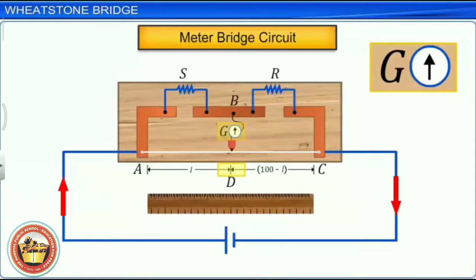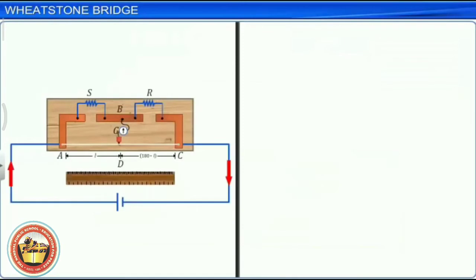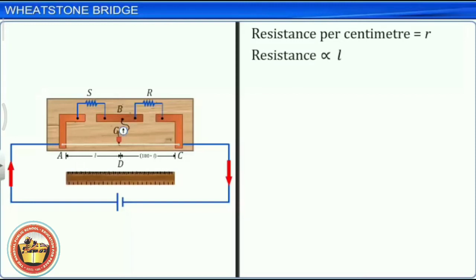When we get the null deflection, we call the length L, and the remaining part of the length is 100 minus L. By the Wheatstone bridge principle, resistance is proportional to length, so S is proportional to L, and R is proportional to 100 minus L. So S by R is equal to L by 100 minus L.